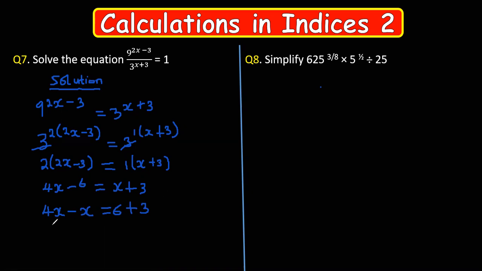So let's see what we have. So we should have 3x here, and then we have 9 here. So we are looking for x. We are going to divide both sides by 3. So x equal to 9 divided by 3. And then we should have our answer as what? 3. So our x is equal to 3. You can see, very simple.